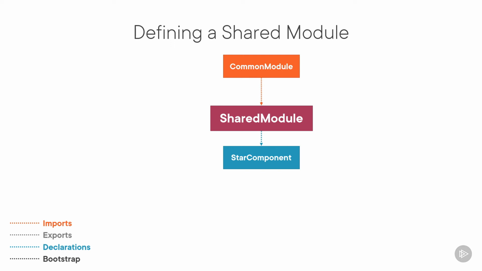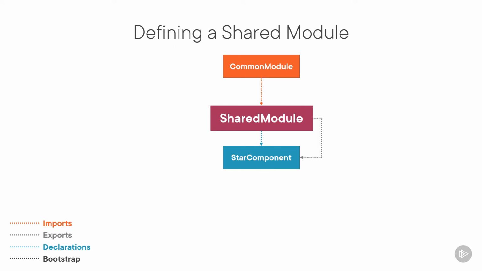We don't import forms module because we don't need it here. If our star component did use two-way binding, or we added another component here that did, we'd need to import forms module as well. We then need to export everything that we want to share. The exports array defines what this Angular module shares with any module that imports it.